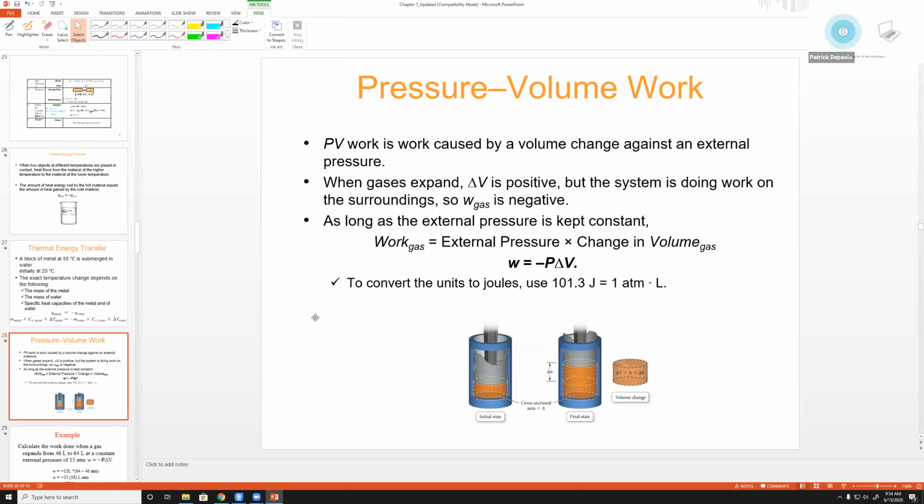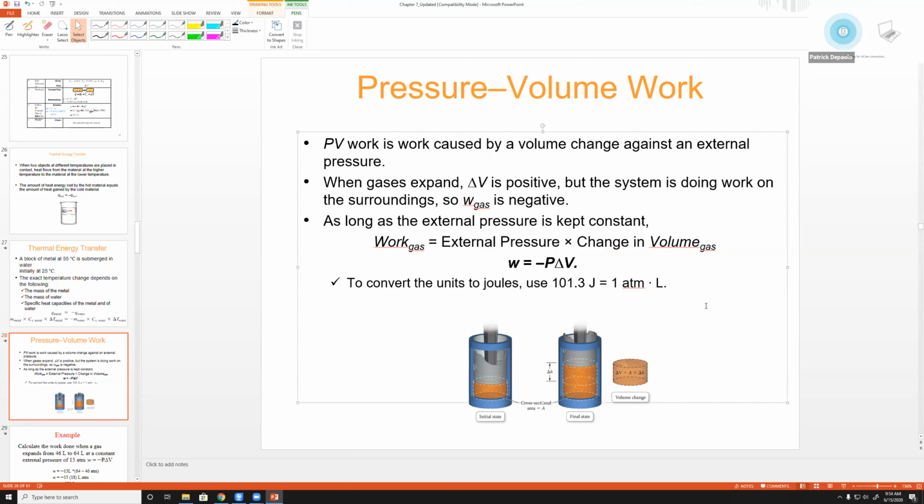So then we have work, which can be involved with this kind of thing now. But now we can equate work with gases. So we're combining chapter 6 and 7 right now. There's an equation that the work is equal to negative the external pressure of the gas times the change in volume of the gas.